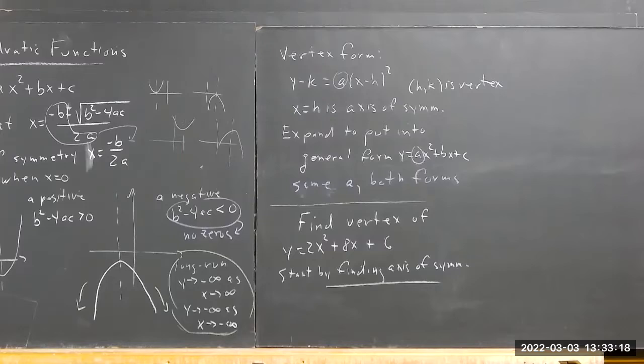In other words, you can put this into the vertex form. If you've got the vertex and understand what I told you, you can immediately write down the vertex form. You really ought to have the question, but you have reference to it.